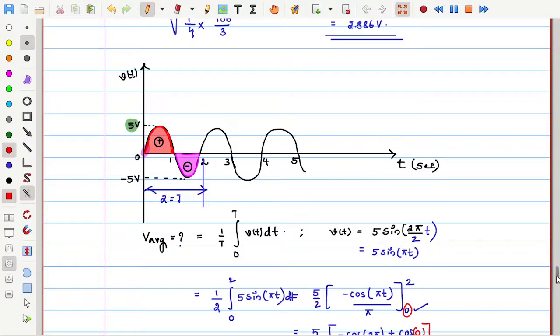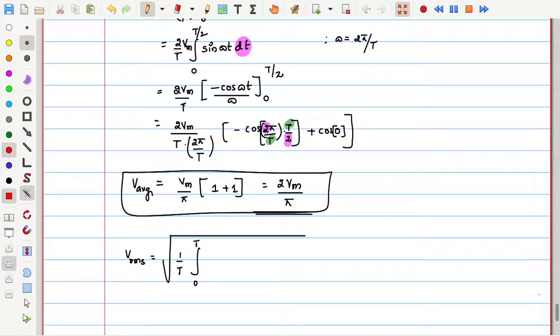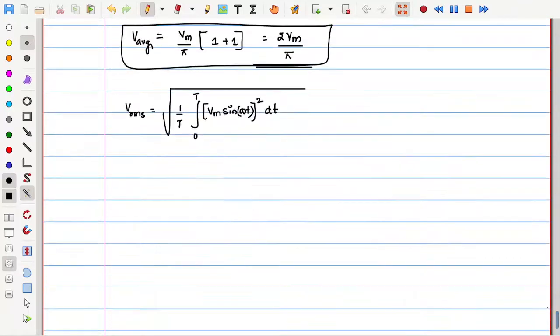If somebody wants, you can consider only T by 2, like the average value, or you can consider directly T. So Vm sin omega t whole square dt, you need to evaluate this. Let us evaluate quickly and wind up the session.